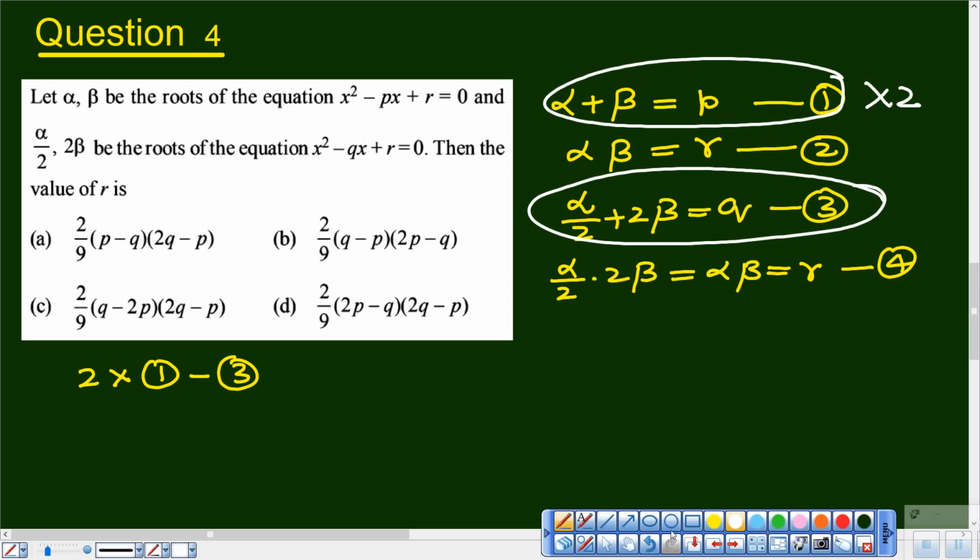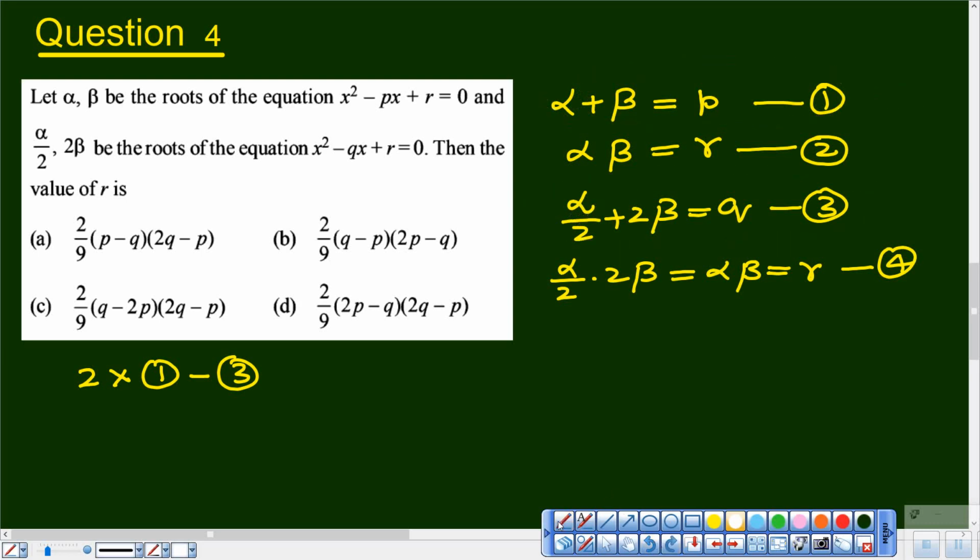So we'll have 3 by 2 alpha equal to 2p minus q, and thus alpha is going to be 2 by 3 (2p minus q).